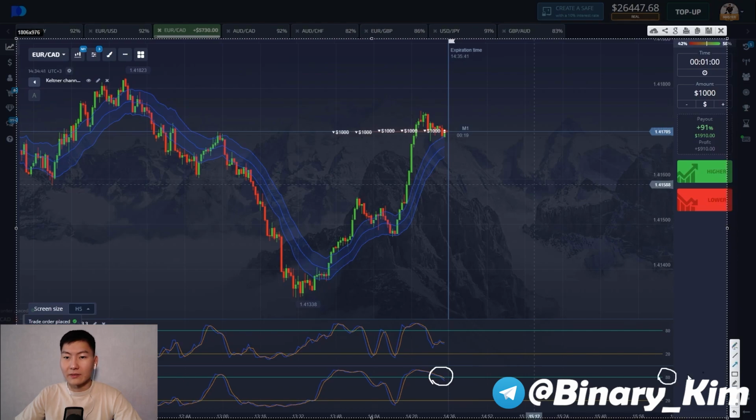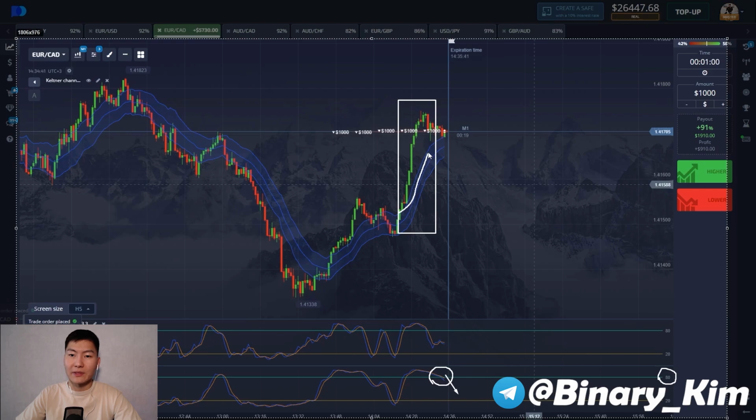It tells us that the price should go to the downside. Then if you look at the Keltner, we see the breakout above the channel here. So the price movement is above, and after the updating of the local high, I think that the price should go lower into the correction. The stochastic tells us about it.